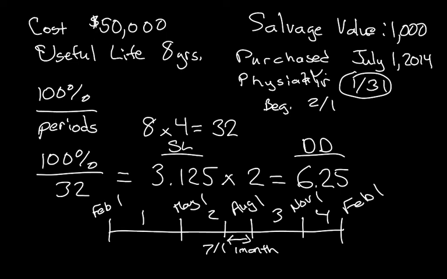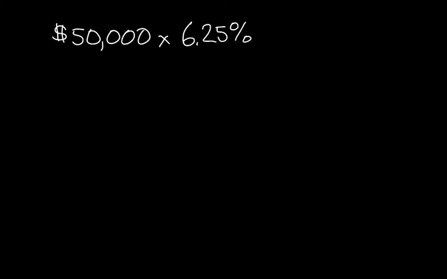So if you think of the quarters, it's first quarter, second quarter, third quarter, fourth quarter. So with that in mind, we're going to take the cost. The cost is $50,000 and multiply it by 6.25%, which is 0.0625, and you will get $3,125.